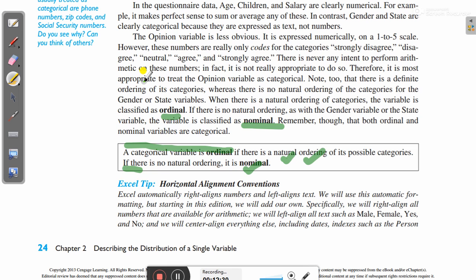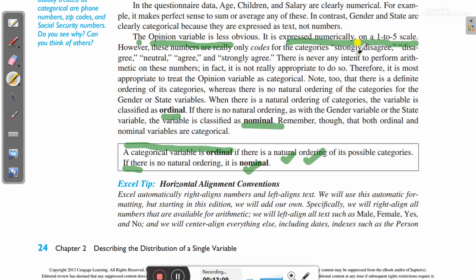Like if we talk about gender, then it would be ordinal. But suppose, here again the example is, suppose we are creating an opinion variable and it is expressed on a 1 to 5 scale.